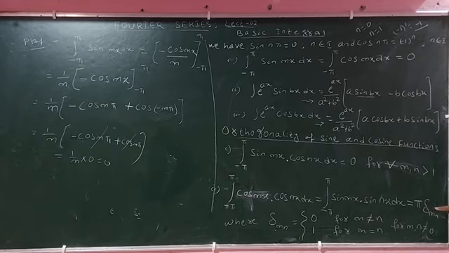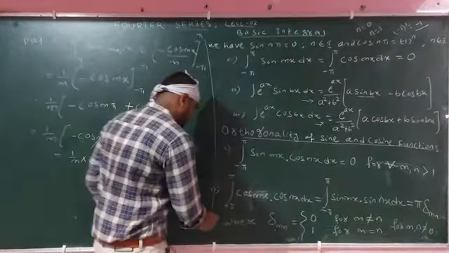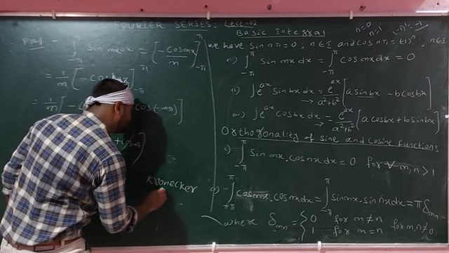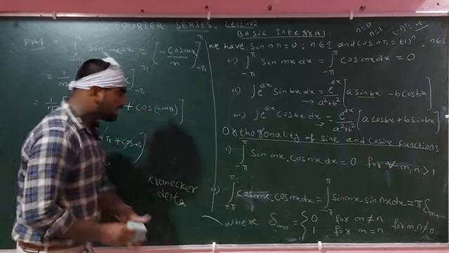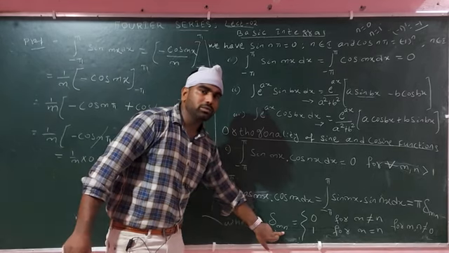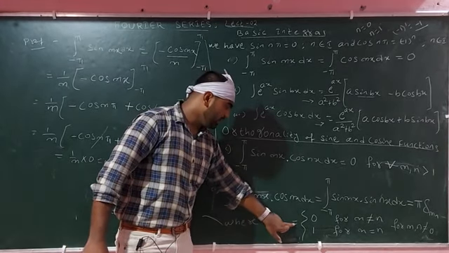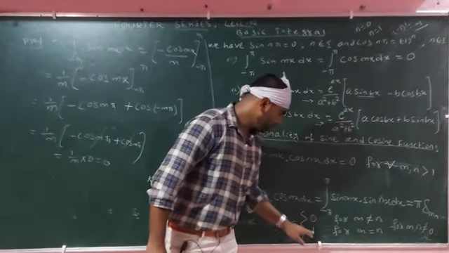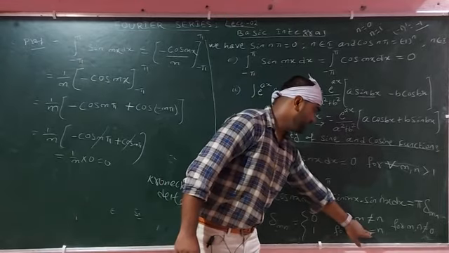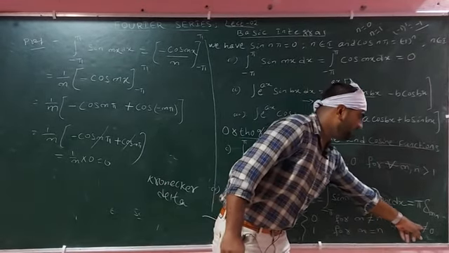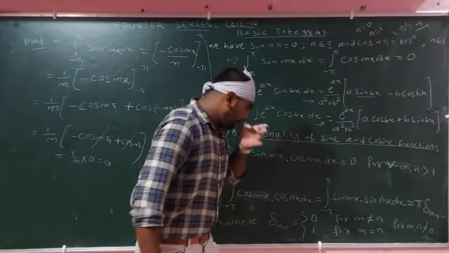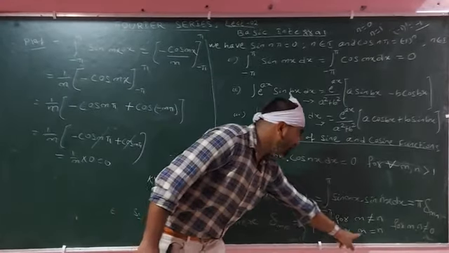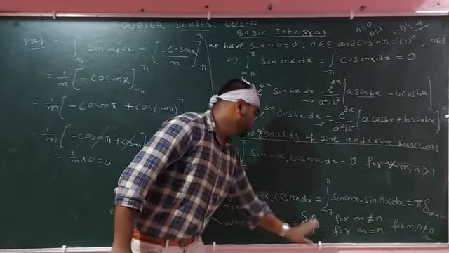Here delta mn is the Kronecker delta, whose value is 0 for m not equal to n and 1 for m equal to n, where m and n are not equal to 0. If m is not equal to n, then the Kronecker delta becomes 0. If m equals n, then the Kronecker delta will be 1.